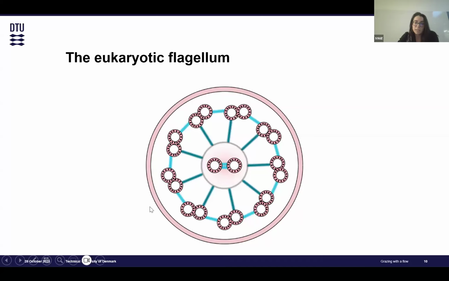You'll see this is a cross-section view of the flagella, and across the whole tree of life, where I've shown you all the different groups, they all share this ultrastructure, but they all use it in different ways. So I'm going to hopefully be able to explain to you some highlights of different manners of generating these feeding flows to be able to successfully feed on bacteria and phytoplankton.